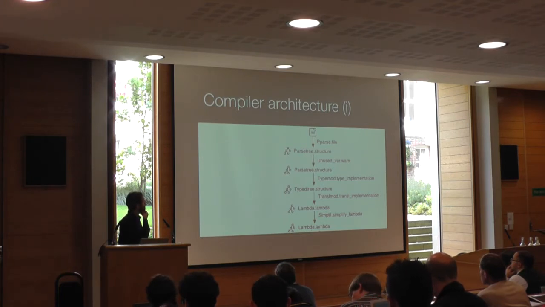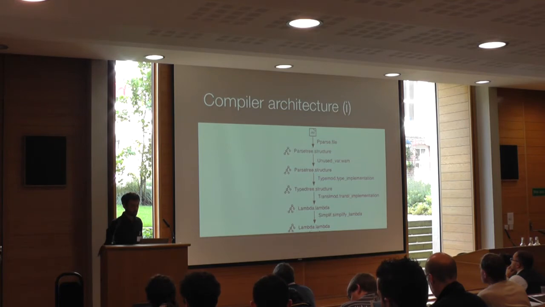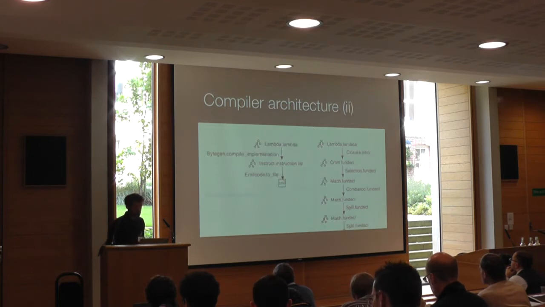That compiler starts, of course, from an ML file at the top. Then they share some passes over trees, parse tree, typed tree, etc. Then the two compilers will follow different paths.